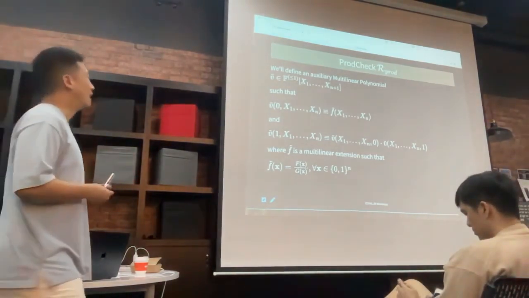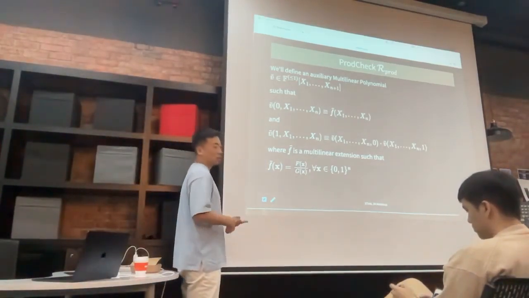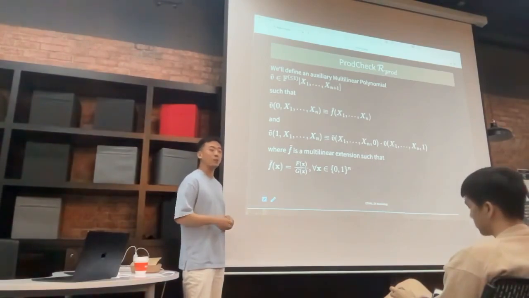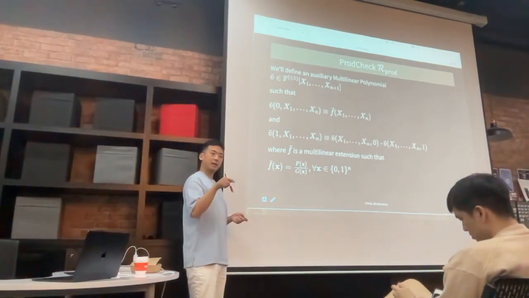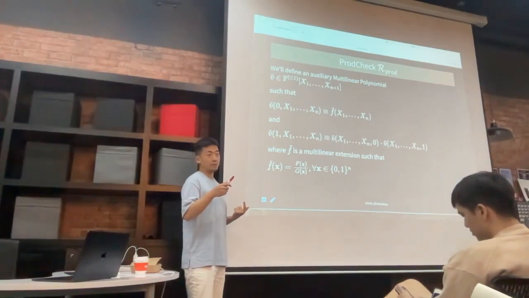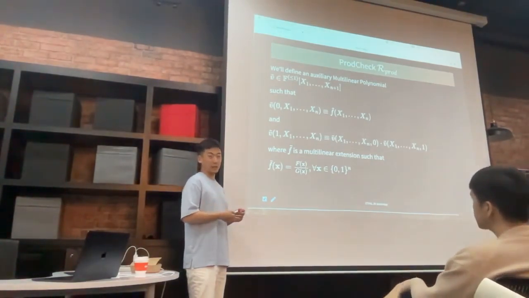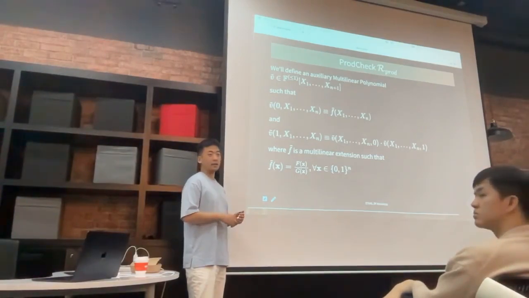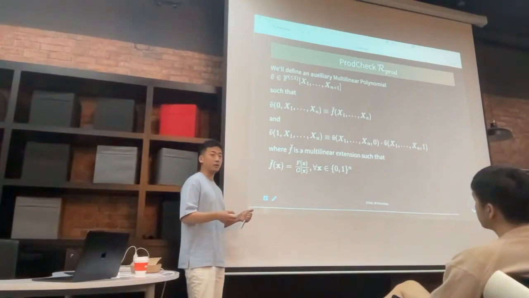Sorry. So, we are defining a new auxiliary polynomial, just like what we have done in Plonk. We defined the t. In this case, we will define another polynomial v, just like we define t, and a little bit differently from the univariate polynomial.